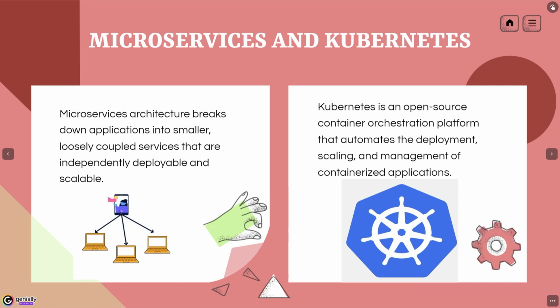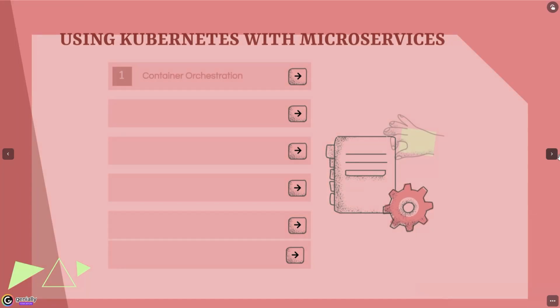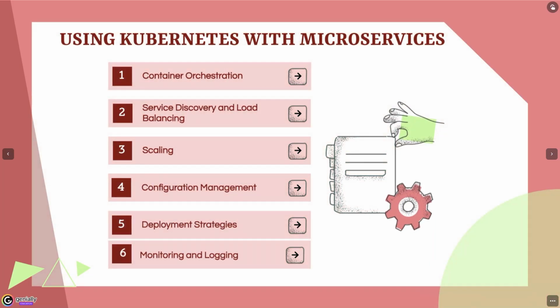Kubernetes is an open source container orchestration platform that automates the deployment, scaling, and management of containerized applications. It provides a framework for deploying and running applications using containers at scale across clusters of nodes. When we use Kubernetes with microservices, there are some highlights.